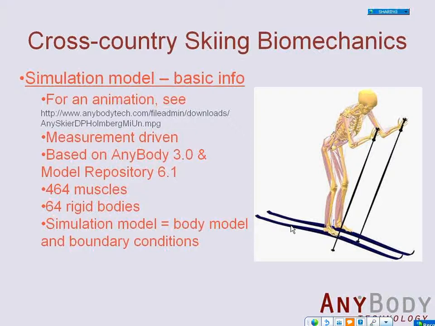By simulation model I mean the body model and the boundary conditions. And I like the current simulation model, which I define as the body model plus the boundary conditions. In this way, I specify that a certain body model moves in a certain way while under a certain external load.